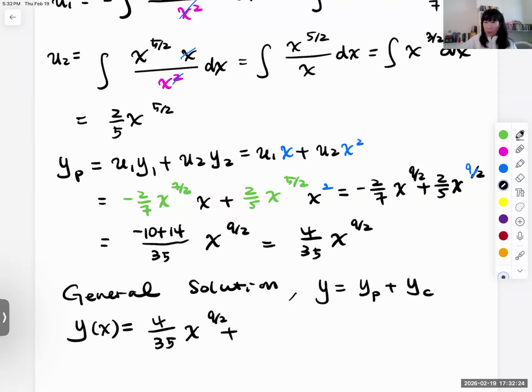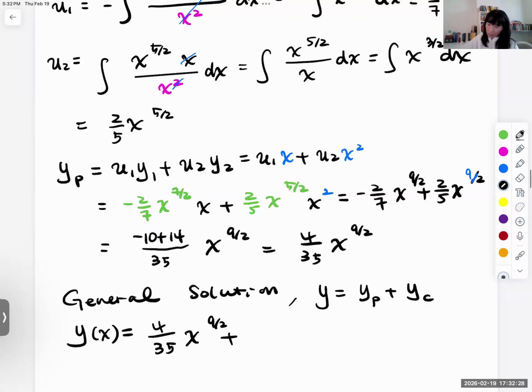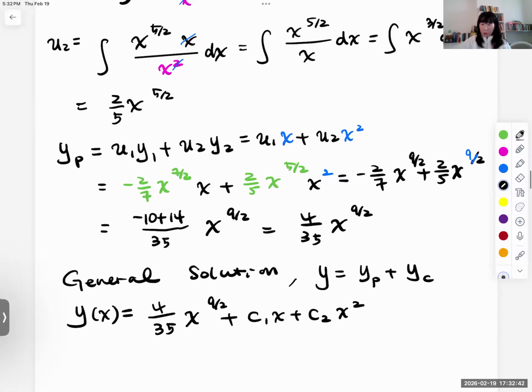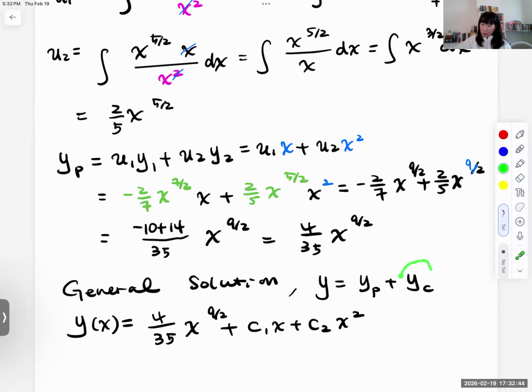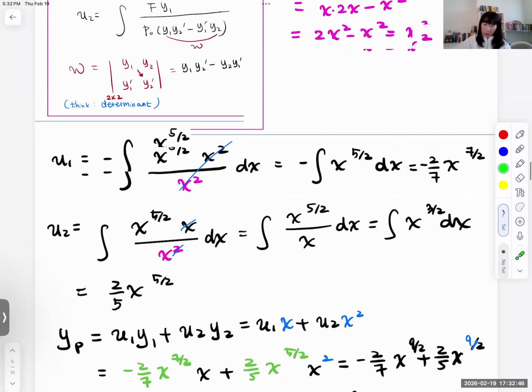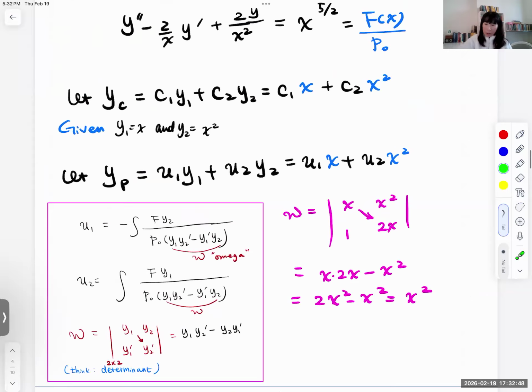And the complementary solution we have just right there, right? c sub 1 x plus c sub 2 x squared. Make sense? I don't have to rewrite, right? So the complementary solution is here. Make sense?